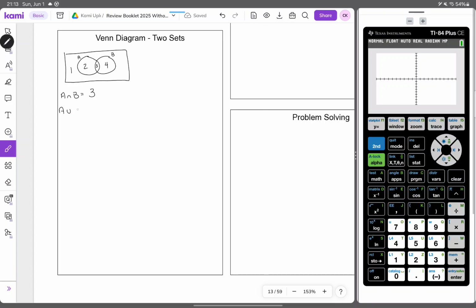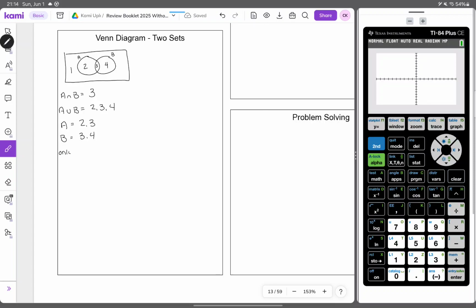If I wanted A union B, well, that means I need to belong in A or B or both. So that's going to be 2, 3, and 4. If I'm in A, well, that's going to be 2 and 3. If I'm in B, that's going to be 3 and 4.